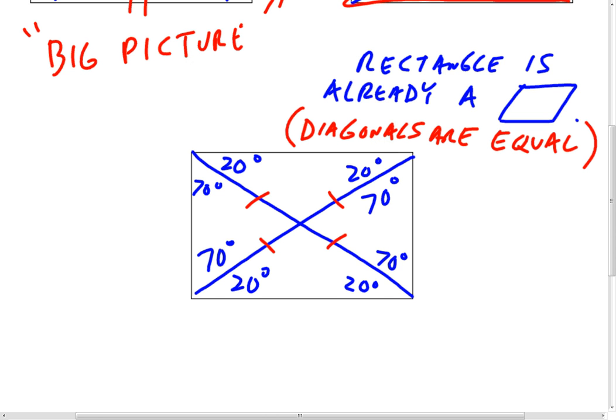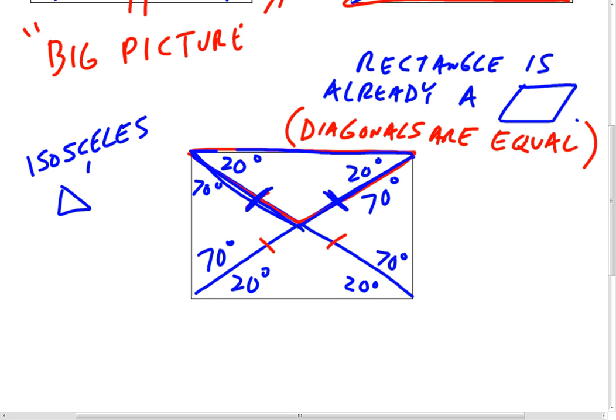If these diagonals are equal, what kind of triangles do we have within this figure? Right. But now that I've got equal pieces in here, what kind of triangle is this? Isosceles. So someplace over here, write down isosceles triangles.